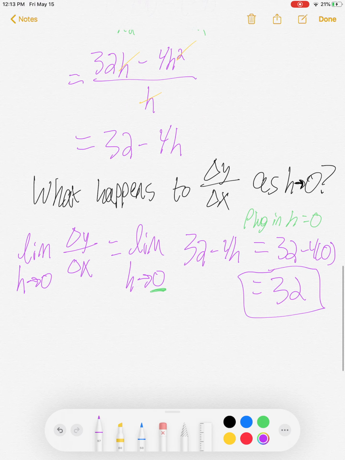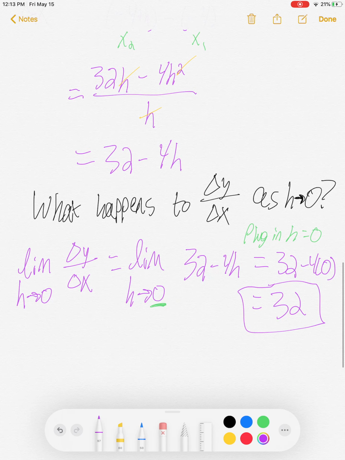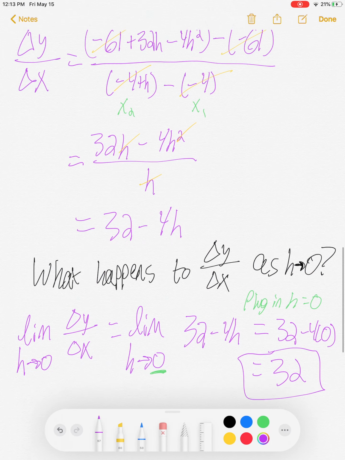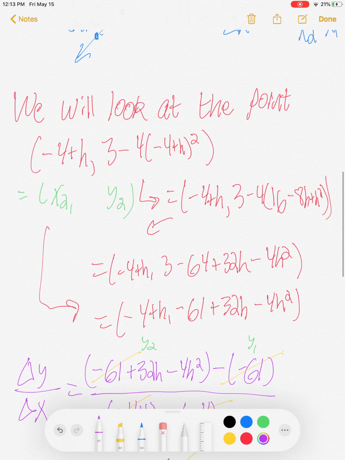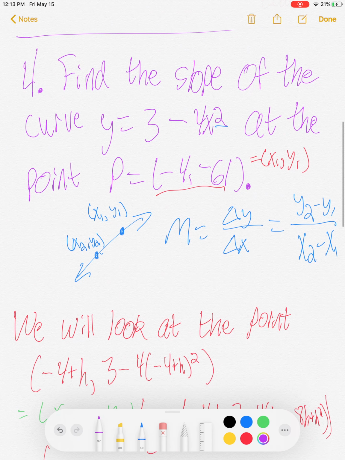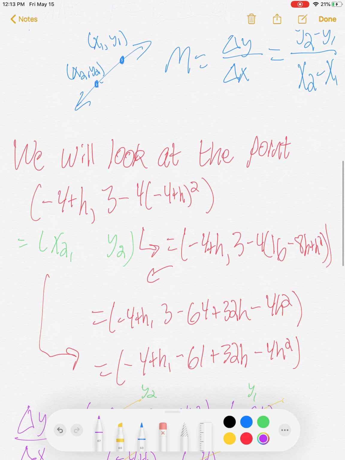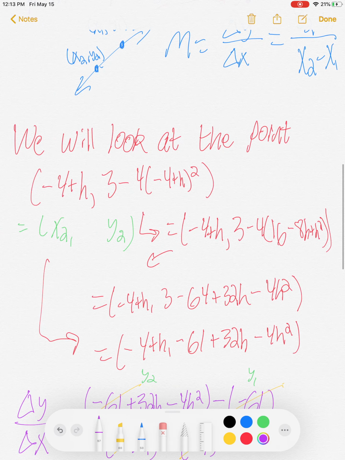Okay. In short, this is the slope that we get. Okay, our slope is 32. So let me walk through the process again, kind of look at the key takeaways from this. So we know how to find the slope when we have a line. That's something that we've done before. And so what we do to find the slope of the curve is we throw in this dummy variable h.